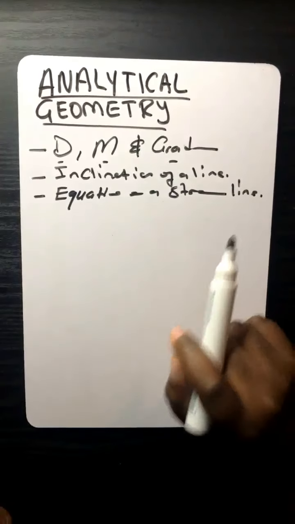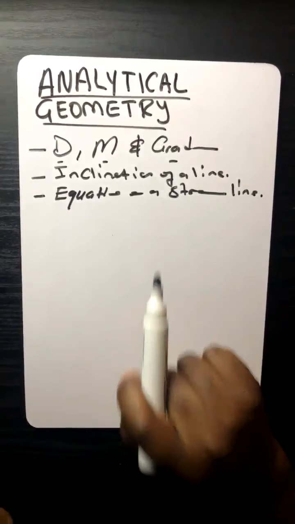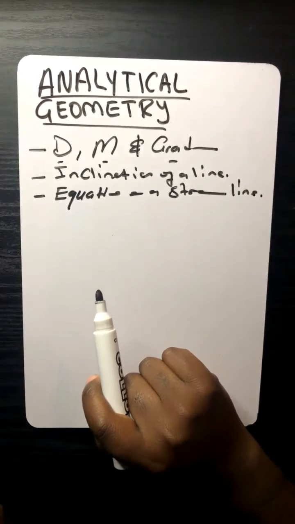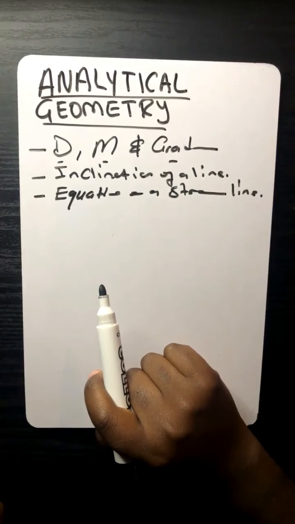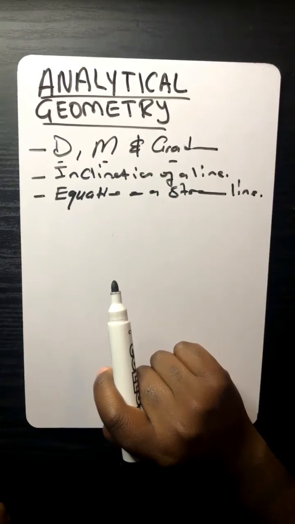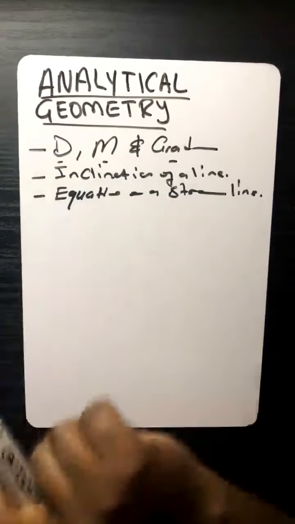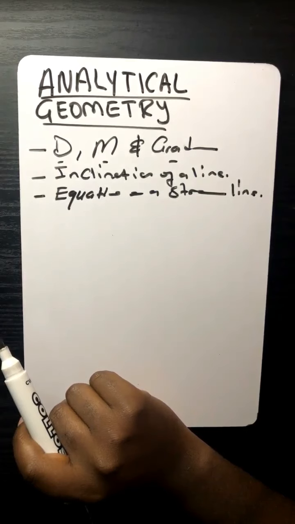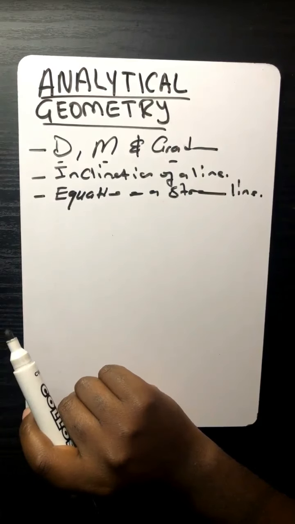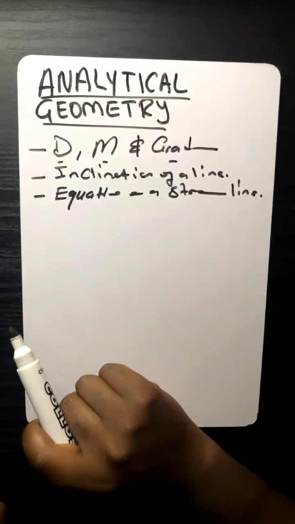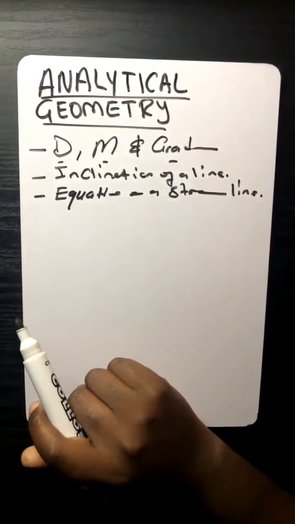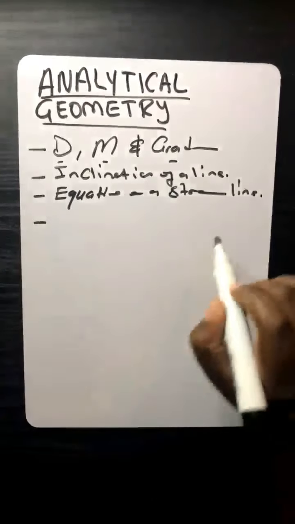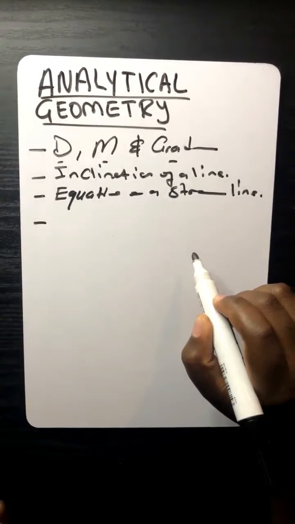I want to prove to you today that it's not really difficult to study, especially if you're studying on your own. Attend that one masterclass lesson, and from there you study on your own. I'm telling you, if you can learn how to study by yourself, when you get to varsity you will find varsity very easy. You will get as many distinctions as you can, because you are able to study on your own.